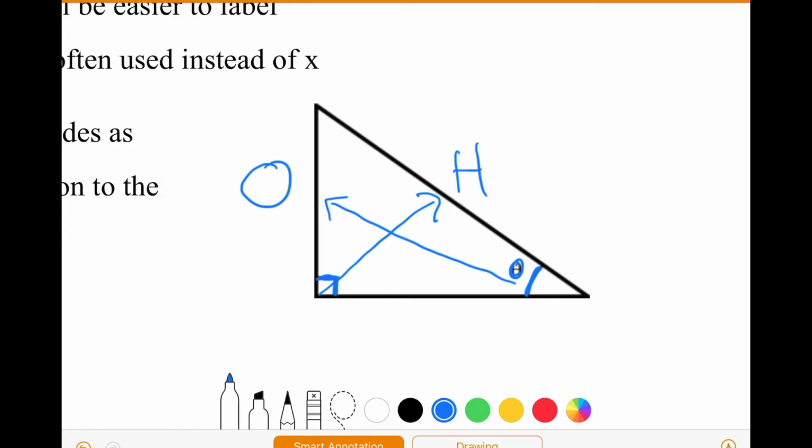So we're going to label it opposite. Then the side that touches the given angle is our adjacent side. So opposite, adjacent, and hypotenuse. That is what we're doing in lesson 2. So we need to go through, try to identify our opposite, adjacent, hypotenuse sides.